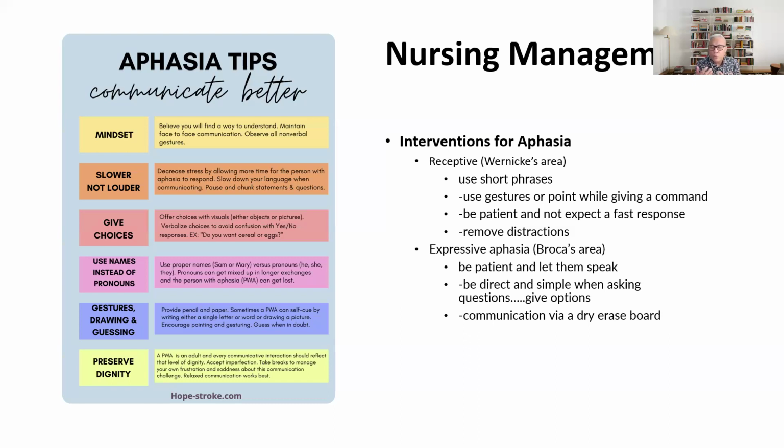Do you want to drink Coke, Sprite, juice, or whatever will be better, rather than asking them, do you want something to drink? Giving them options is going to be a very good communication tool. And then, of course, the use of a communication board via a dry erase board or even an iPad. So those are the nursing managements of patients with aphasia.